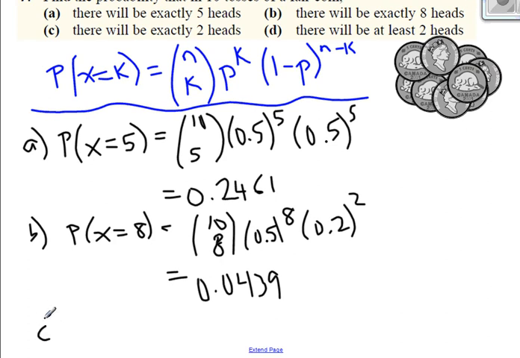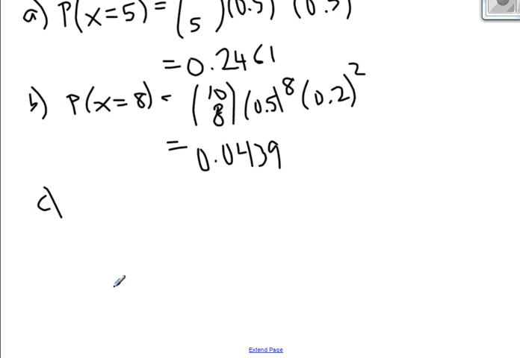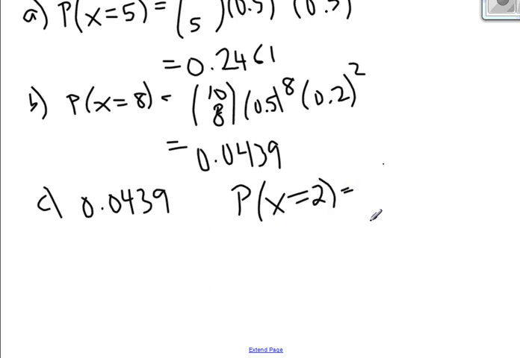Now, logically, I know the answer is exactly the same as I got here, because if I get 2 heads, I have to get 8 tails. So 2 heads is the same as 8 tails, and 8 tails would be exactly the same math. To show you the math, you would do 2 heads, so that's 10 choose 2, and then 0.5 to the 2, and 0.5 to the 8.